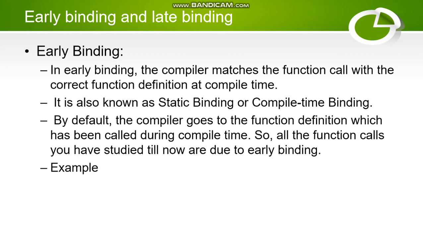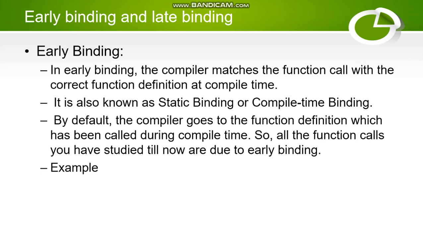I hope you still remember what function overriding is. In function overriding, the base and derived class have the same function name. It is the concept we have used in inheritance, where the base class as well as the derived class have functions with the same name, same parameters and return type.